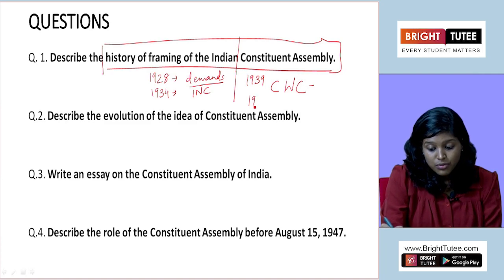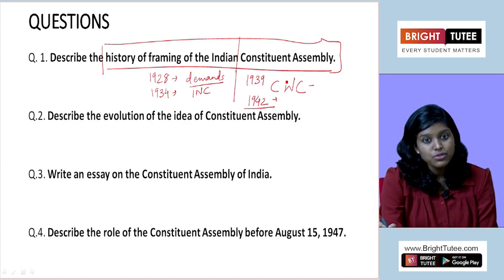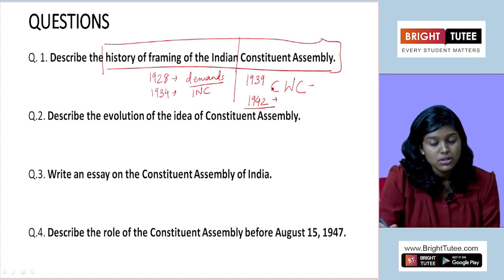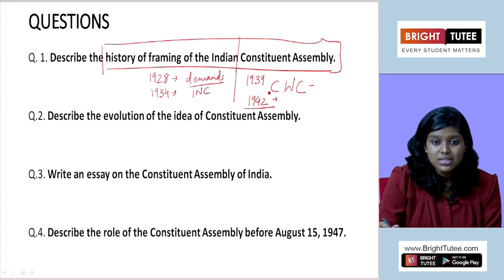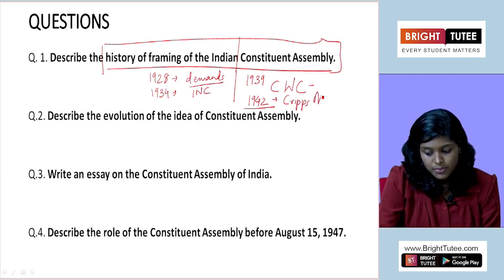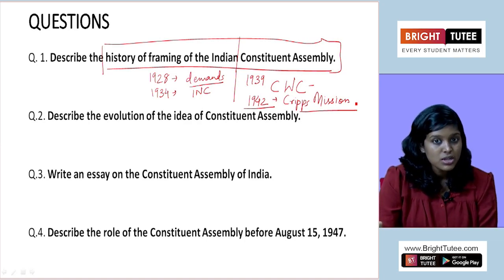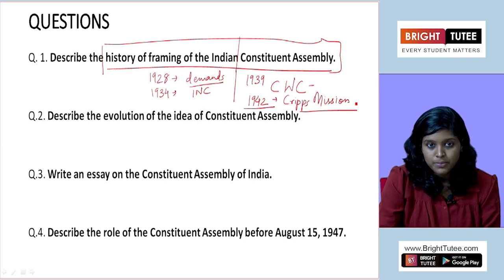And then in 1942, during World War II, the British realized that they will have to give attention to what the Indians are demanding. So in 1942, the Cripps Mission is sent to India to lay down the formation of a Constituent Assembly. But Indians reject this mission and its proposal for the making of the Constituent Assembly.